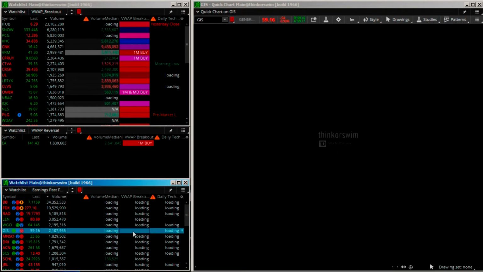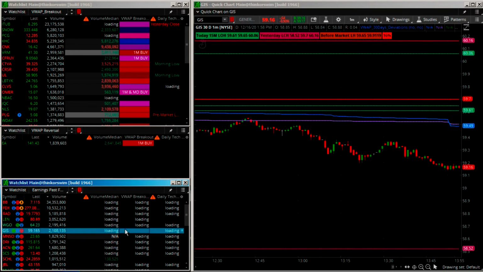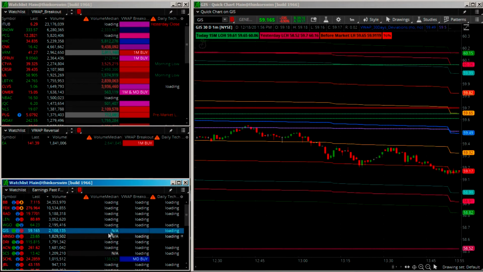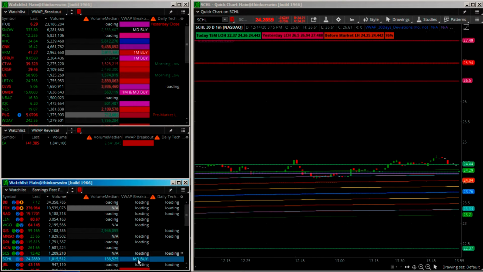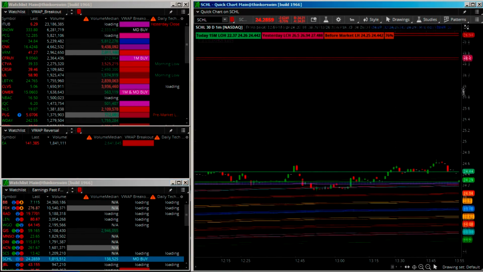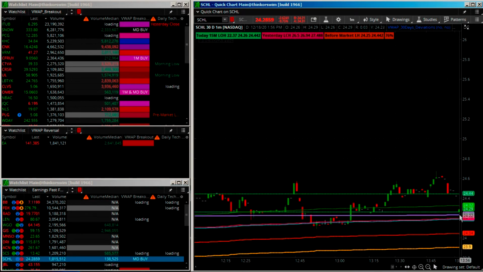So here's one that had a bit of blue and went black. We just crossed more than 15 cents away from the multi-day. Here we just got a notification that SCHL is crossing the multi-day. And see the purple line over here?